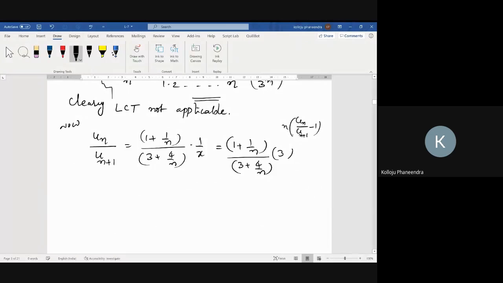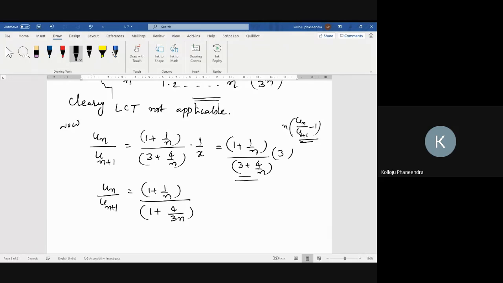Okay, you will get this. So this value is 1 plus 1 by n by, if I take 3 common, 1 plus 4 by 3n. Is it correct? I will take 3 common in this entire expression, and 3 gets cancelled. This is my un by un plus 1.